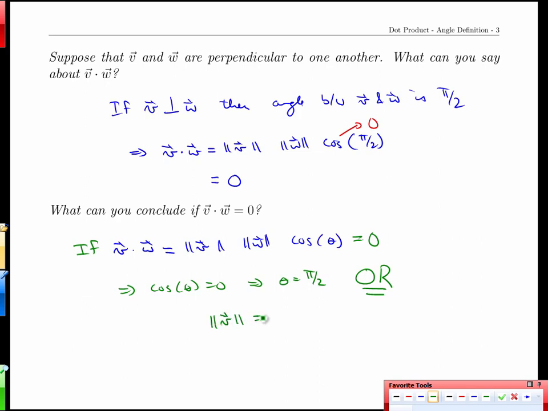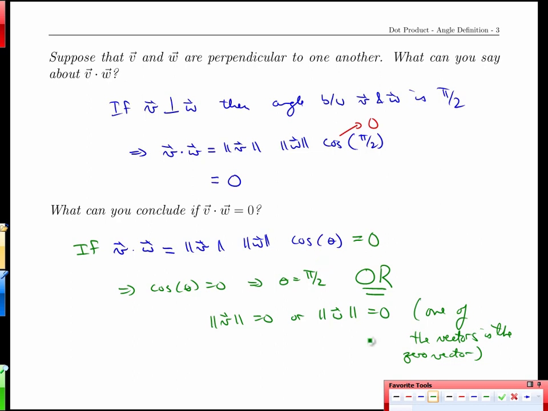Length of v could equal 0, or length of w could equal 0. In other words, one of the vectors is the 0 vector. That is another way that we can get a dot product value of 0.